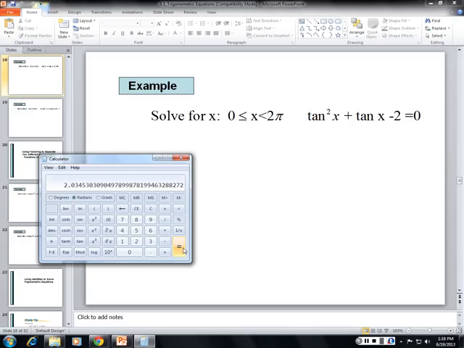Let's write 0.3 here. So, and then to make it generic, we just add n pi with that. Now, if you just plug in n equals 0, 1, 2, 3, you will get all the answers that you would expect.